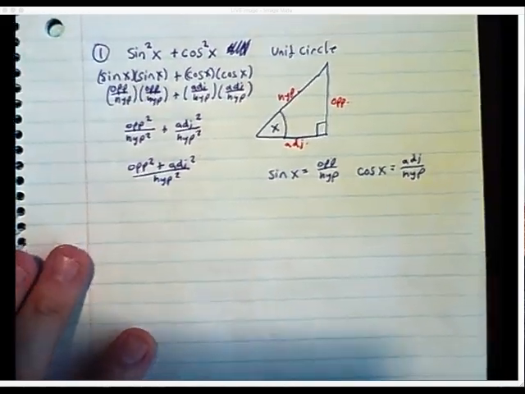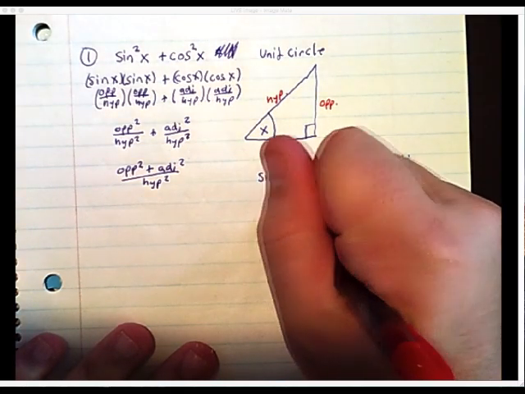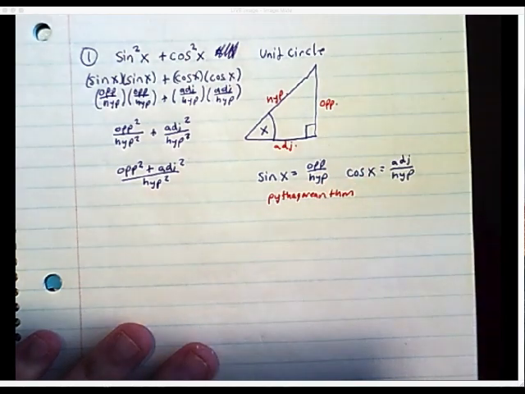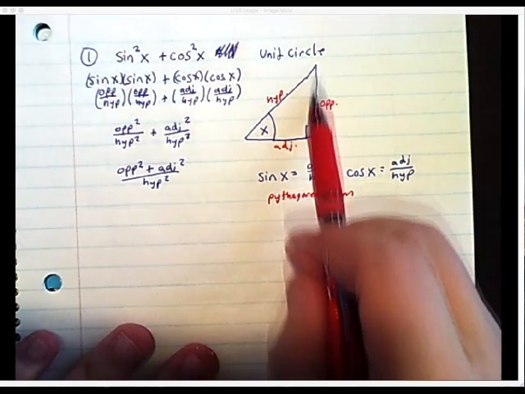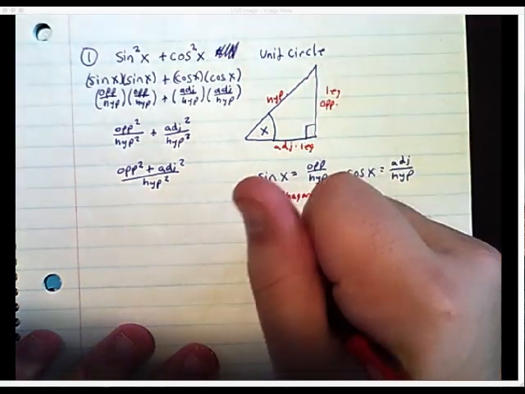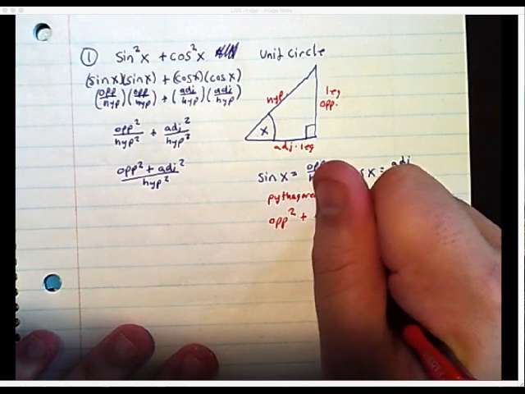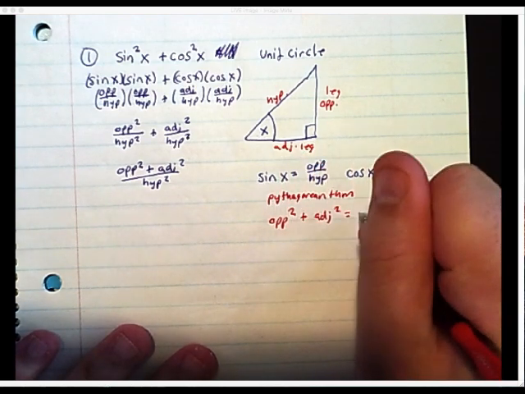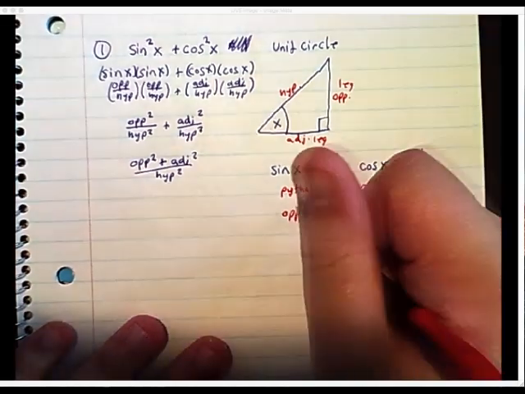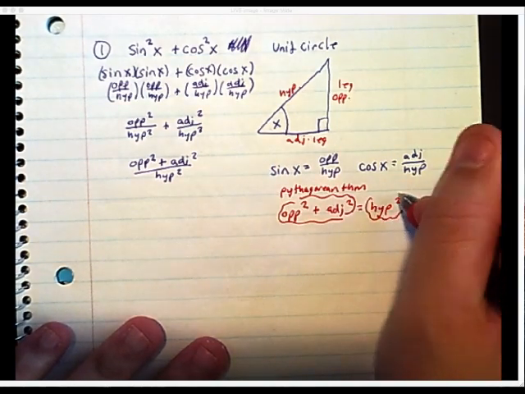But there's something else that we should know from right triangles, and that's the Pythagorean theorem. It says, look at each leg. This is a leg, and this is a leg. If I take the opposite leg and square it, plus the adjacent leg and square it, that should be equal to the hypotenuse squared.